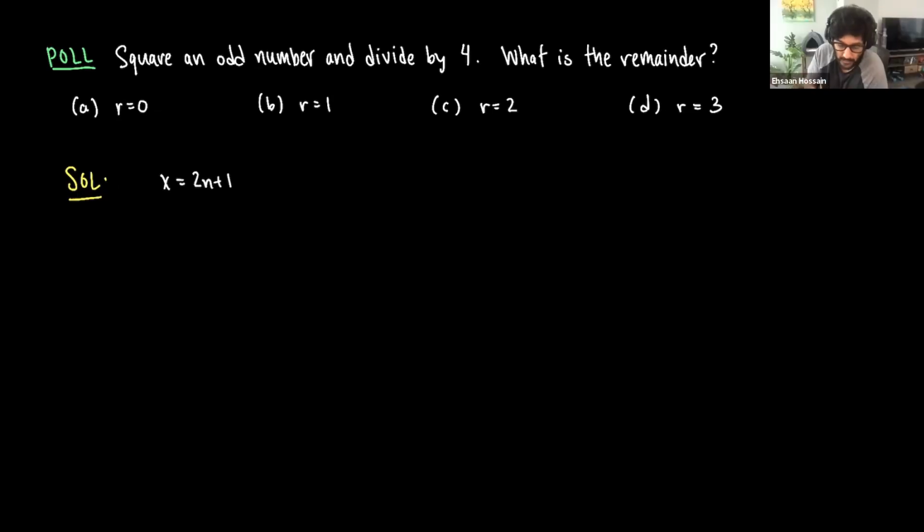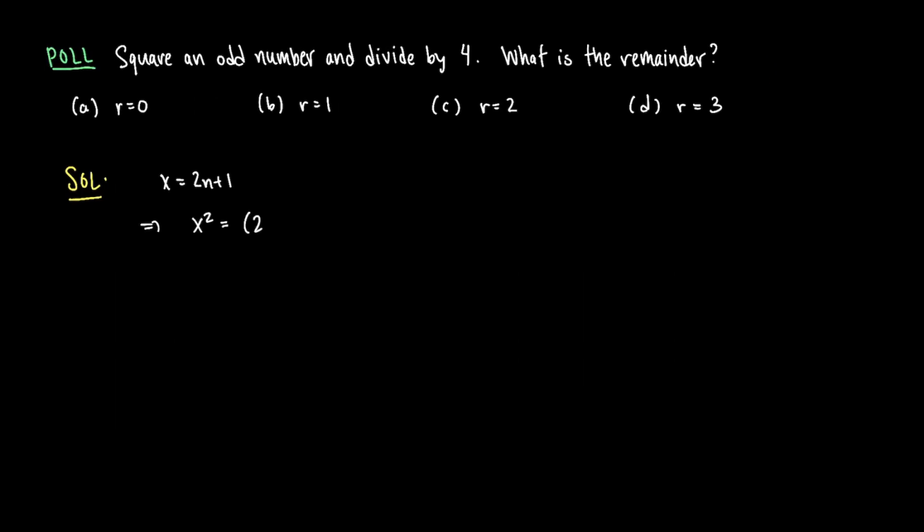So I wrote (2n plus 1) squared equals 4n squared plus 4n plus 1. And then we can just pull 4 out, and we have 4 times (n squared plus n) plus 1. So we can get the remainder is 1.